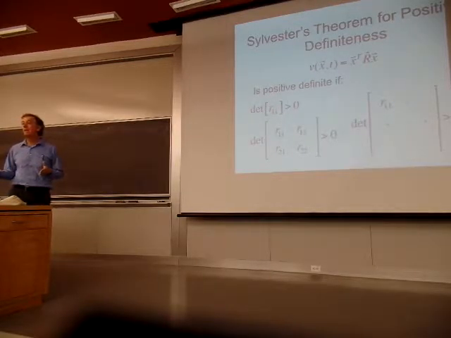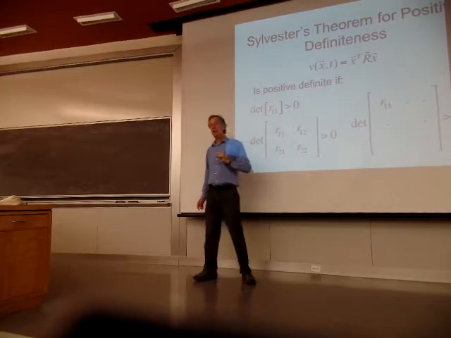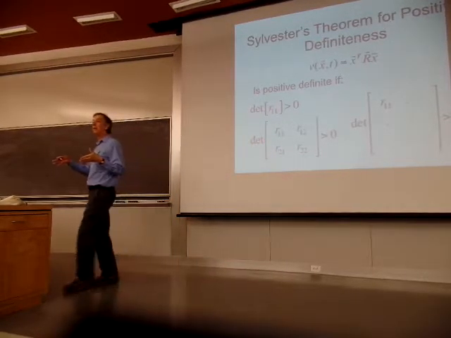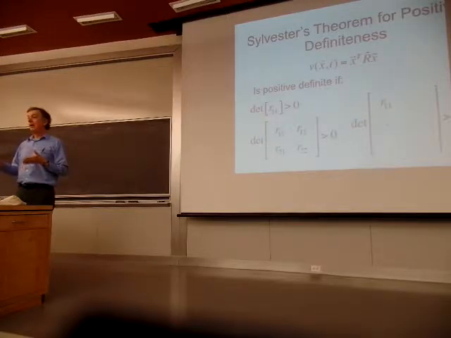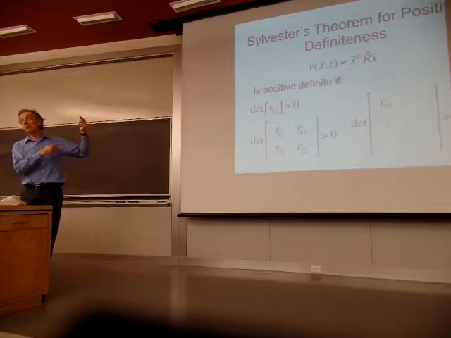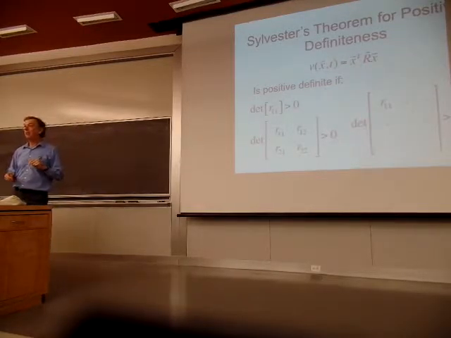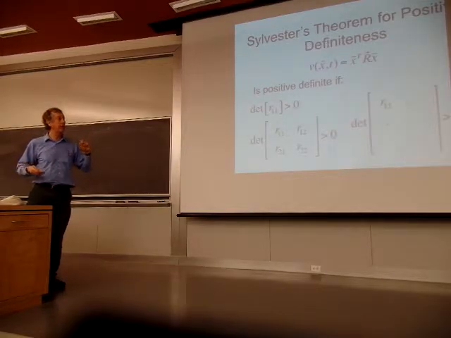Yeah? What's the R? That's the matrix of coefficients for our Lyapunov function. So in the energy problem, R was like 1 over M, 1 over K vectors. Okay? So it's some matrix that we're using for a Lyapunov function.